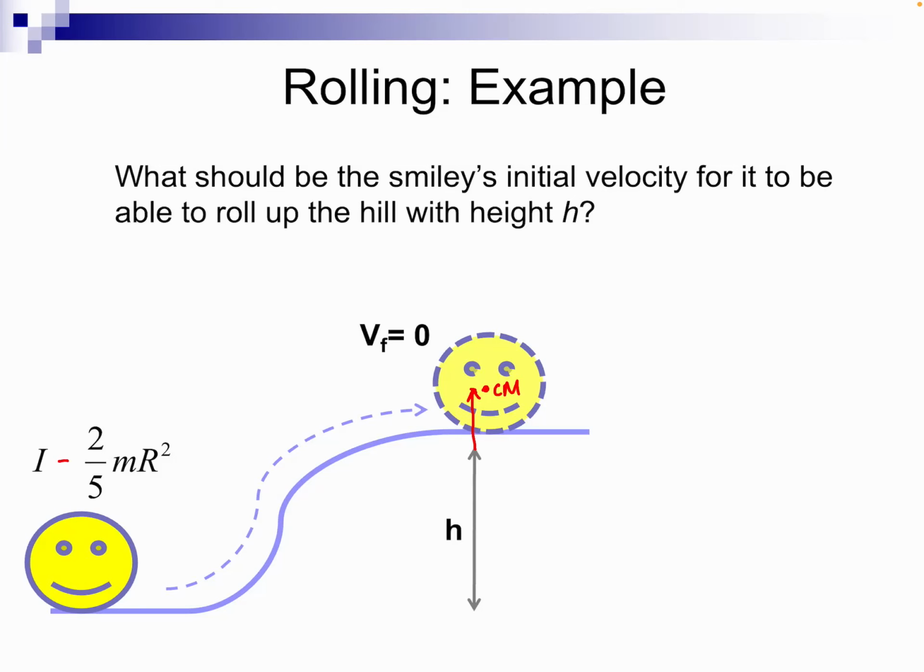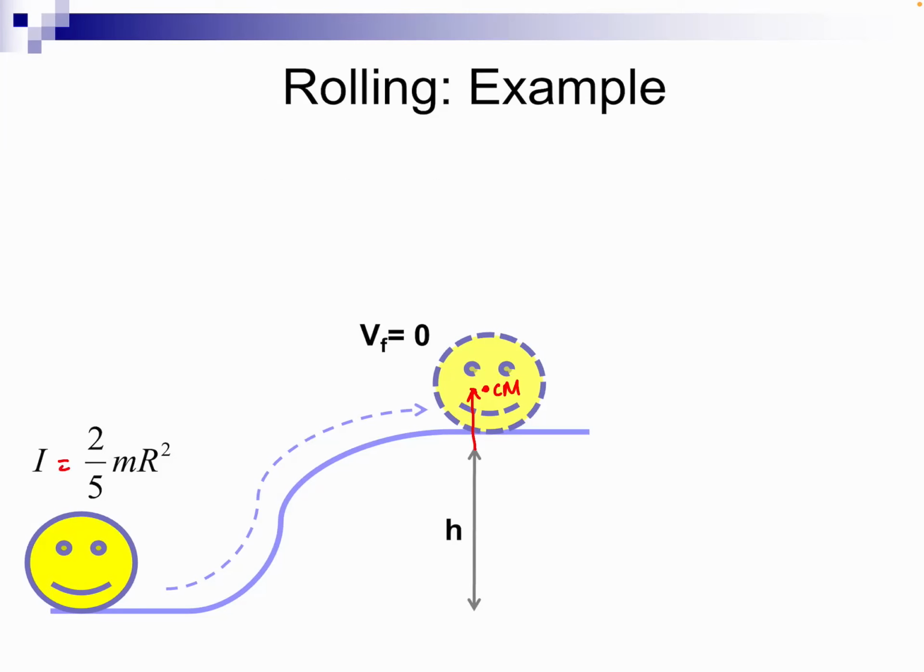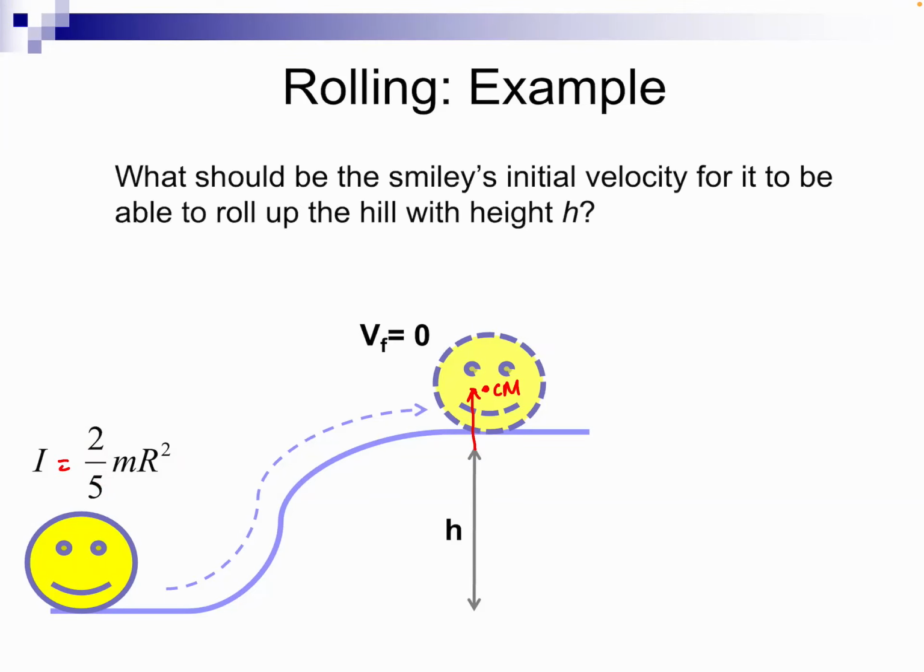The moment of inertia of the smiley is given to be 2/5 mr squared, meaning it's a perfect sphere. The moment of inertia of a sphere is 2/5 mr squared. Right, so everything we learned before in terms of conservation of energy still applies to rolling motion and rotational motion.